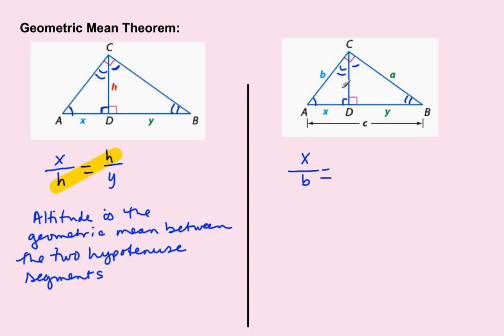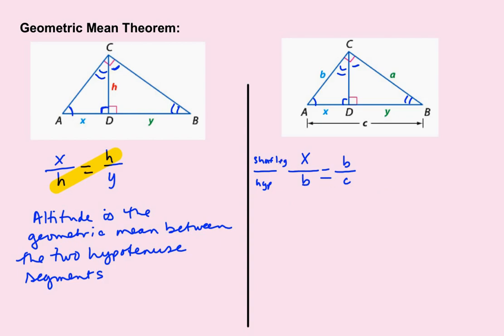Now I want to go to the short leg of the big triangle, triangle ABC, so that's B, over the hypotenuse of the big triangle, which is C. So this is short leg over hypotenuse, which is what I did for the little triangle and for the big triangle. So there's that geometric mean idea.